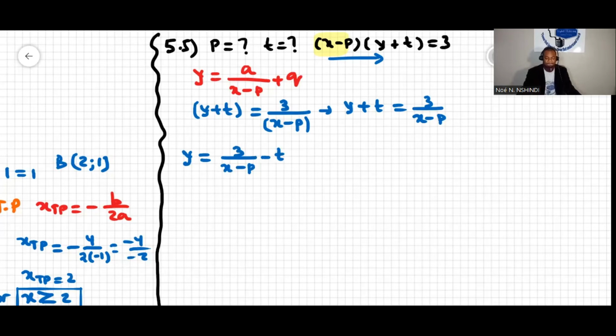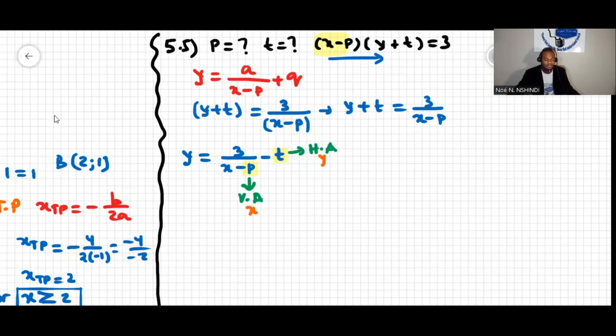Okay. Now, we have the asymptotes, because this P stands for the vertical asymptote, and that other one, the T, stands for the horizontal asymptote. So the vertical asymptote is the x value and that's the y value.